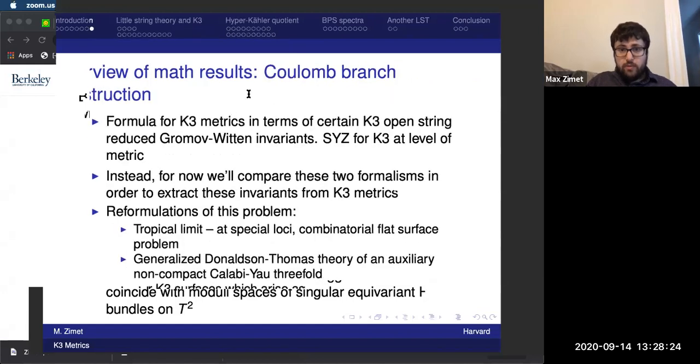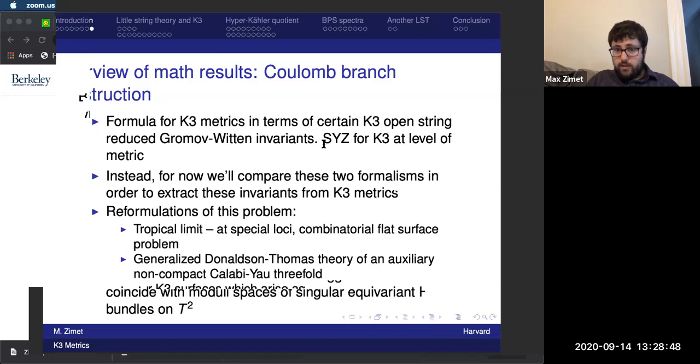Okay, and then the Coulomb branch construction. There's a formula for K3 metrics in terms of certain K3 open string reduced Gromov-Witten invariants. This should be thought of as the Strominger-Yau-Zaslow construction of a K3 surface at the level of the metric, not just the complex structure.